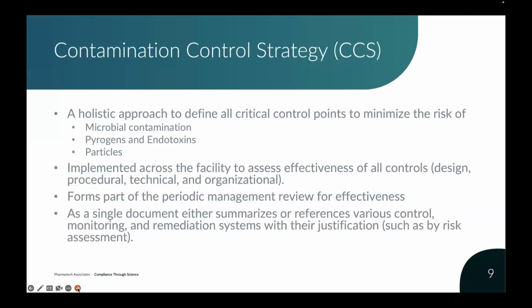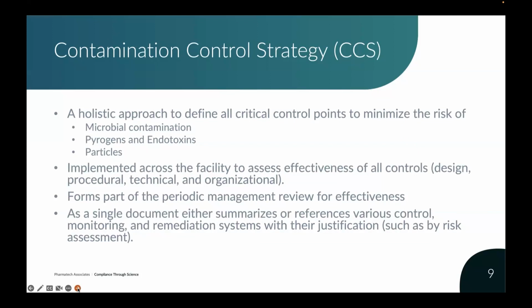So what do we mean by this new terminology, contamination control strategy, or CCS? What the Annex 1 is trying to do is indicate there should be a holistic approach to define all the critical control points to minimize the risk of not just microbial contamination and particles, but also pyrogens and endotoxins.